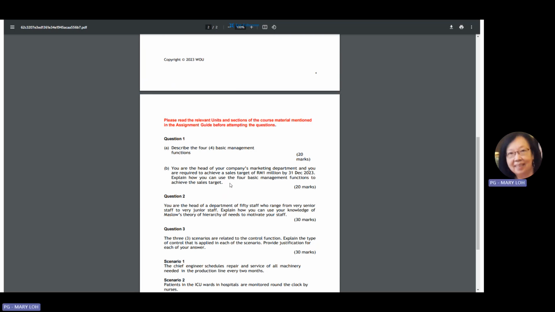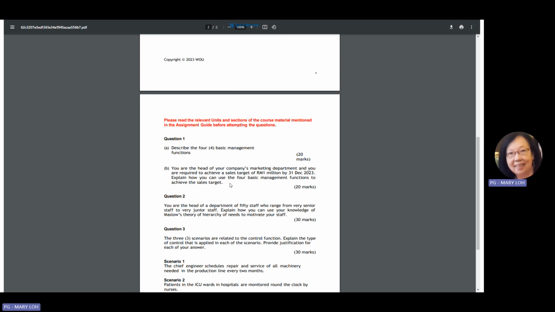The marketing strategies involved will include carrying out market penetration and market development. So these are the 2 possible strategies you can carry out. Now, what do you mean by market penetration and market development?